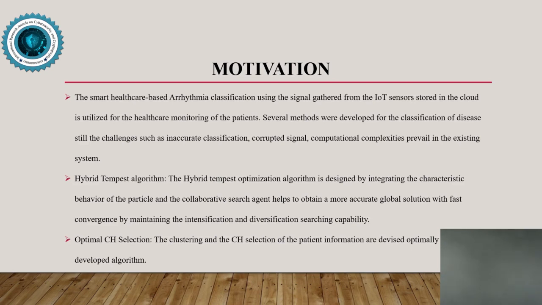The hybrid Tempest optimization algorithm is designed by integrating the characteristic behavior of particles with collaborative search agents, which helps to obtain more accurate global solutions. Optimal CH selection is where the patient information is optimally routed through the developed algorithm.